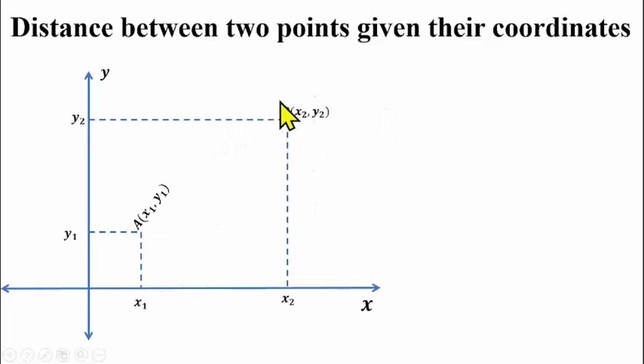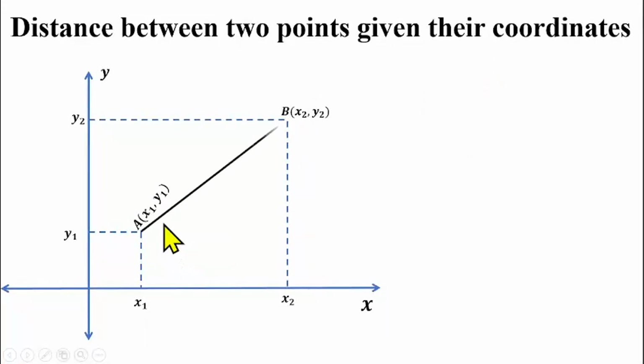So what we are trying to say in this topic is that we should be able to find the distance between point A and point B when we know their coordinates. So how do we find the distance between 2 points on the graph given their coordinates?